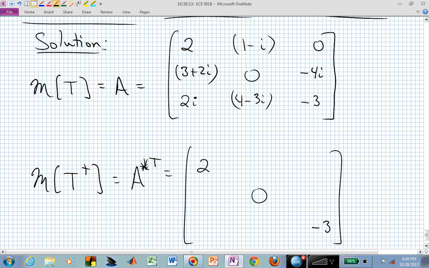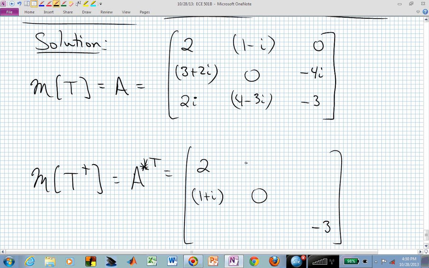What's the 2-1 entry of A star transpose? I just take the 1-2 entry, conjugate it, and drop it down into the 1-2 or the 2-1 entry. Well, I kind of jumped around. I said I was working on the first column of A, didn't I? So now let's work on the first row of A star transpose.